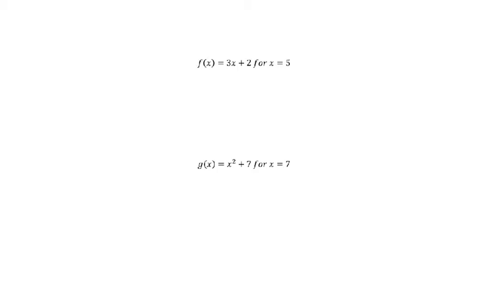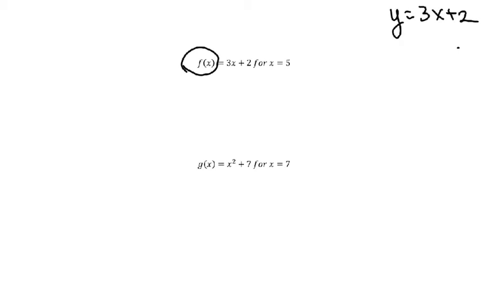So, when we look at a function, you'd be used to looking at something like y equals 3x plus 2. But here, we're going to say f of x. We're going to call the output the function of x, f of x.